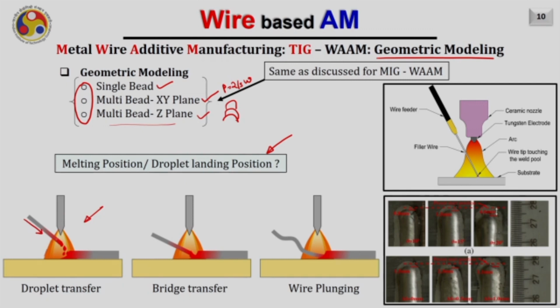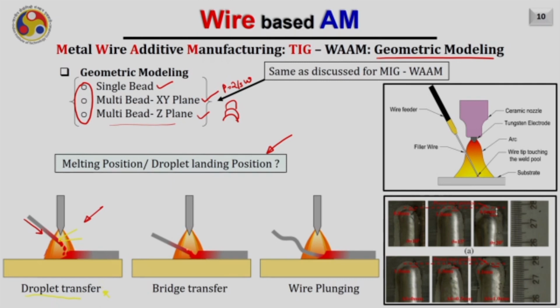As the wire goes into the arc, it absorbs some of the energy, and it is very likely that where the wire melts, it may not hit the molten pool at all, and instead the wire may melt at a certain location well before the molten material is formed. In that case, from that height the material will be transferred in droplet form, and that should be called droplet transfer of the material.